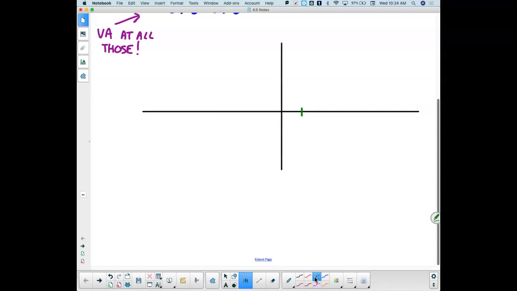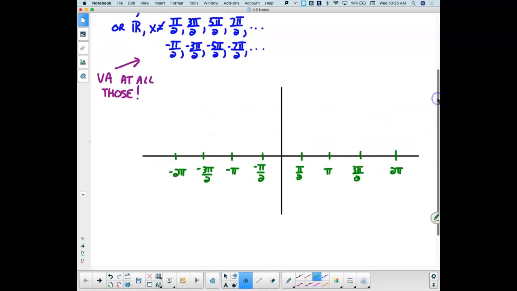So let's go pi over 2, pi, 3 pi over 2, 2 pi, negative pi over 2, negative pi, negative 3 pi over 2, negative 2 pi. And at all of those over 2's, I'm going to have a vertical asymptote.